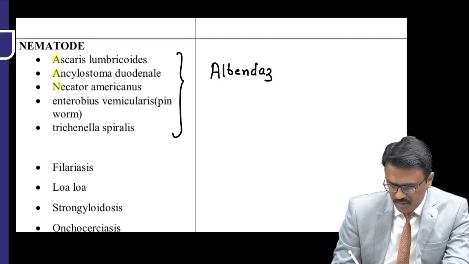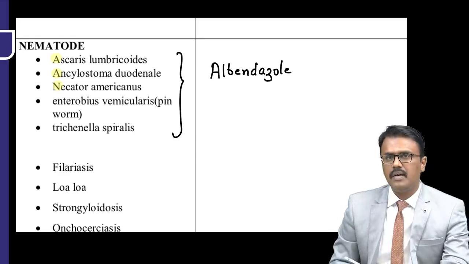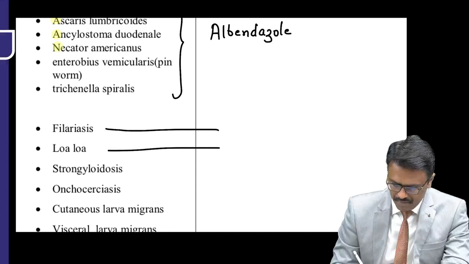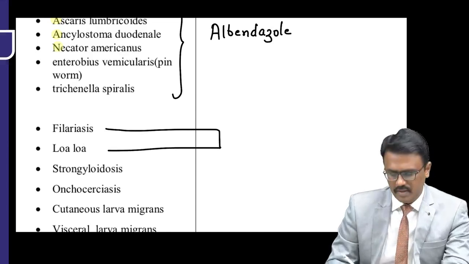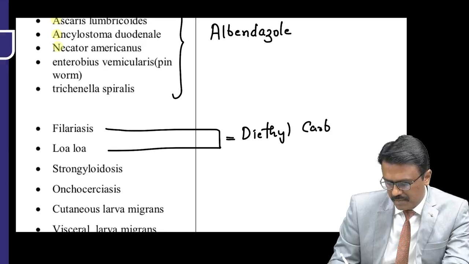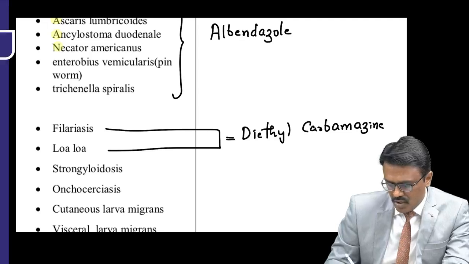But for filariasis and Loa loa, the drug of choice is diethylcarbamazine. Diethylcarbamazine, in short, we write it as DEC.